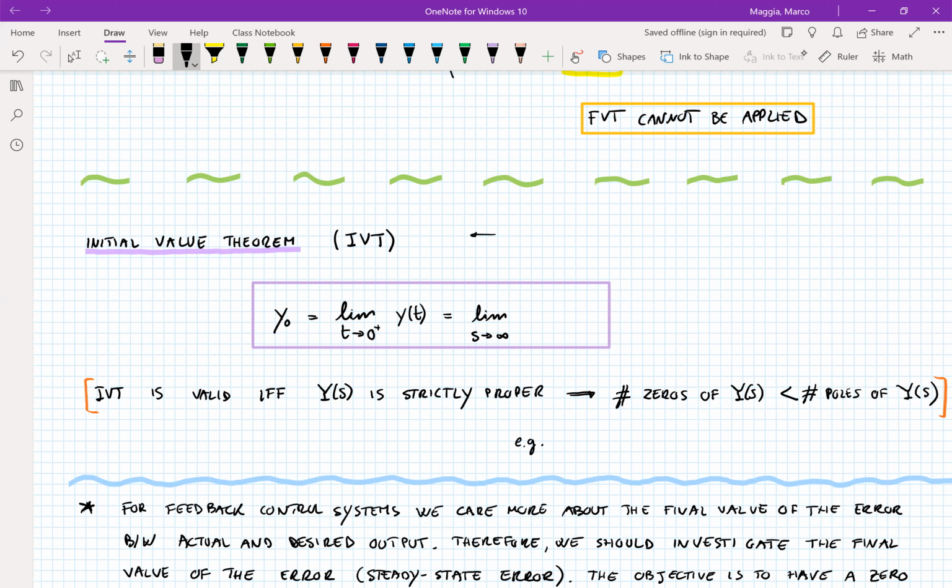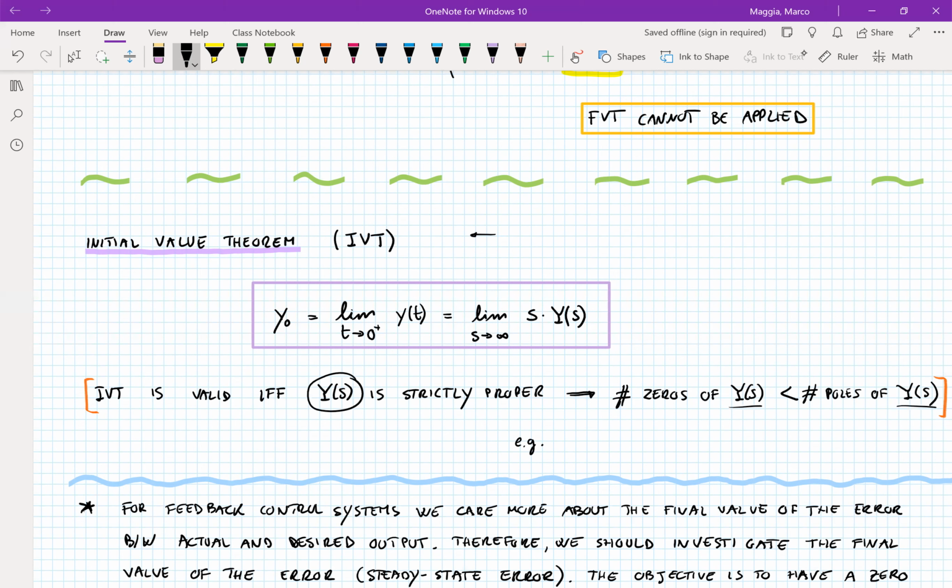And so what are we taking the limit of? Same thing, s times Y(s). Now, what are the conditions for which the initial value theorem applies? Well, this is much easier to see. This applies if and only if Y(s) is strictly proper. That is, the number of zeros of Y(s) is less than the number of poles.